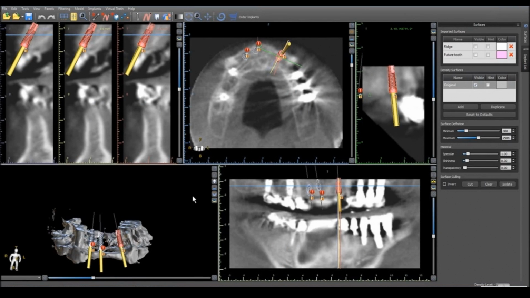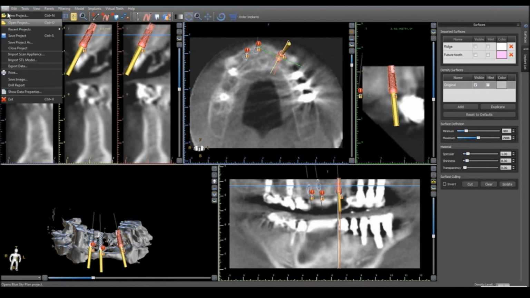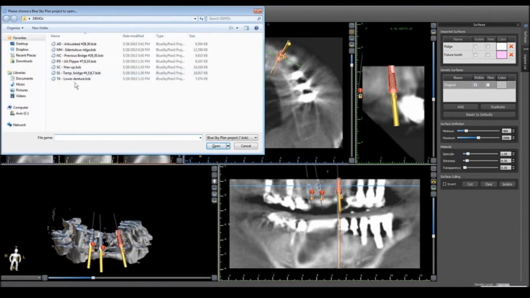So far we've used articulated models, we've used temporary bridge, we use the flipper, and there's another case here where we use a bridge that had to be cut out because one of the abutments failed.